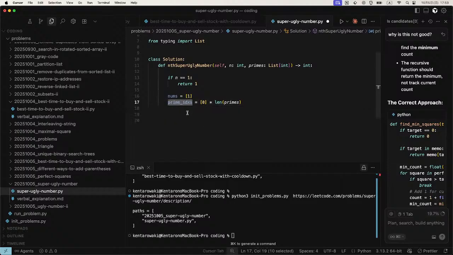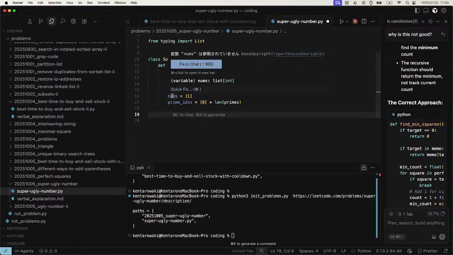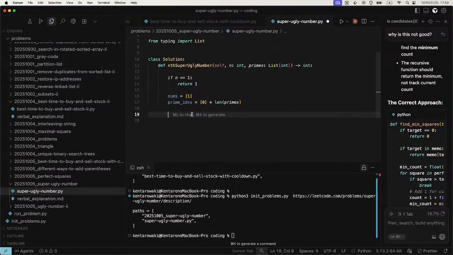So this is the array for storing indices for each prime, and this is the super ugly numbers array. We initialize the super ugly numbers array with size n plus 1.